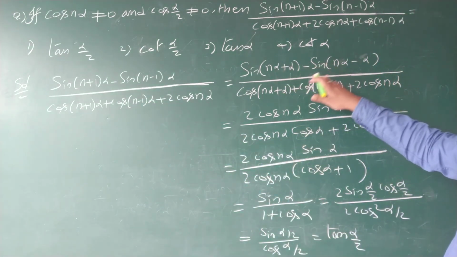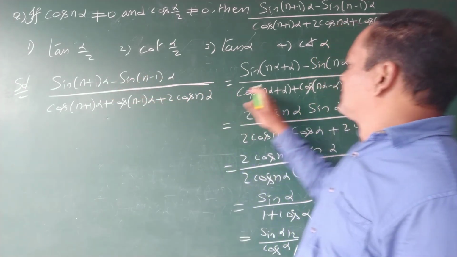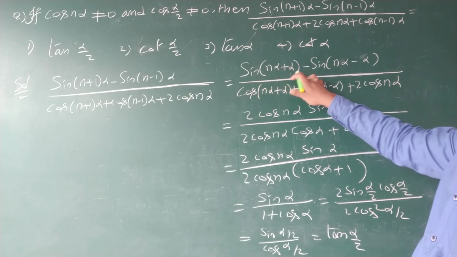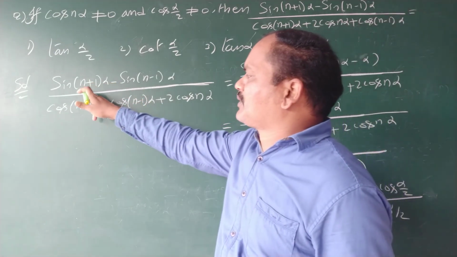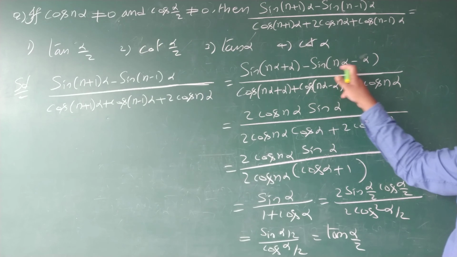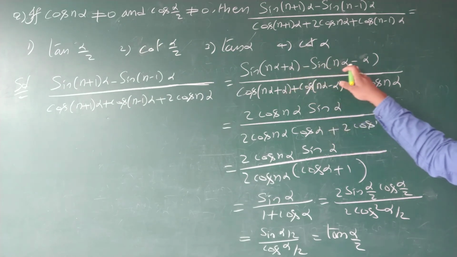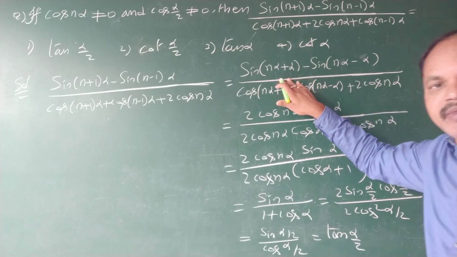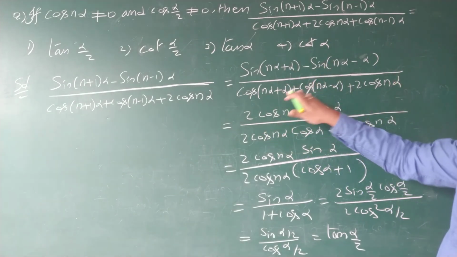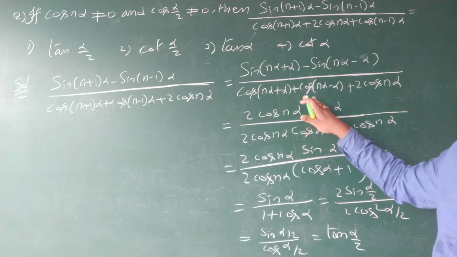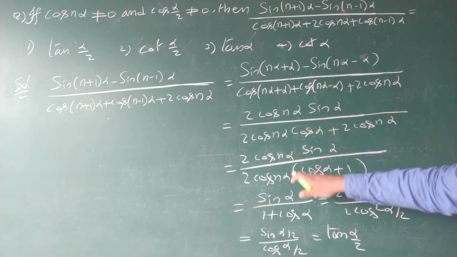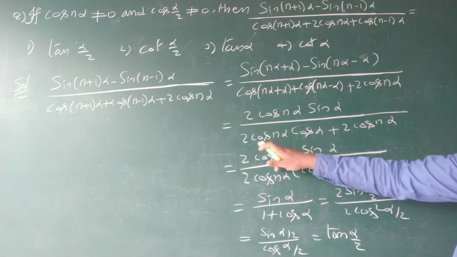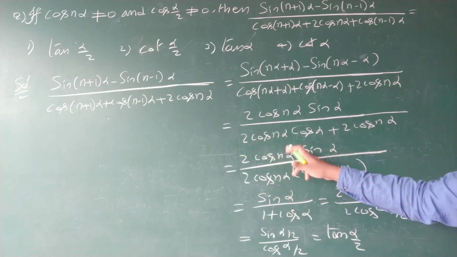Here, it is in the form of sin A plus B minus sin A minus B, which is 2 cos A sin B, and in the denominator also. Here you have to take common 2 cos n alpha, and it gets cancelled from both numerator and denominator.